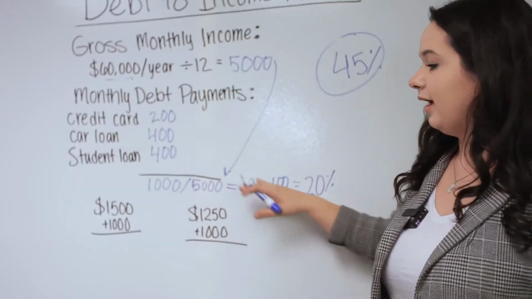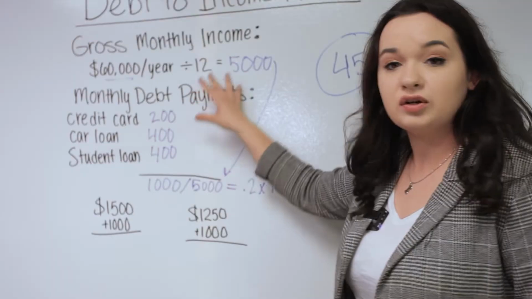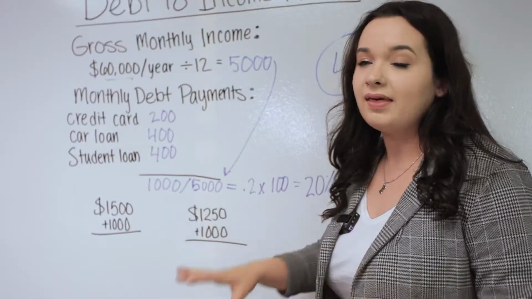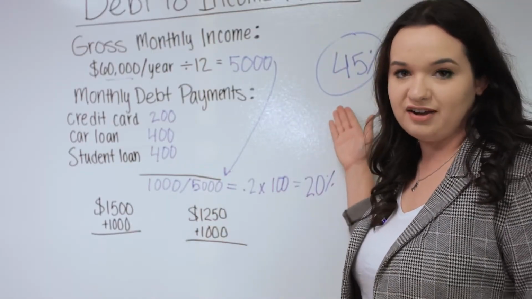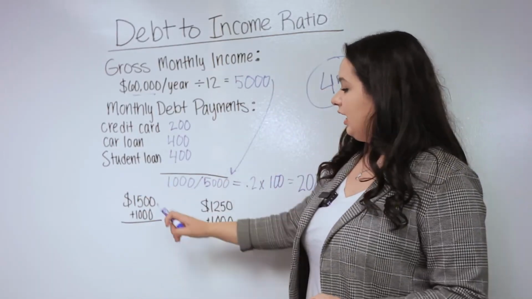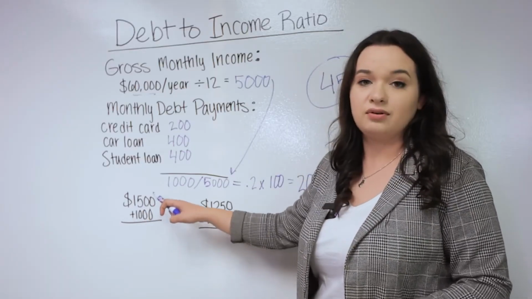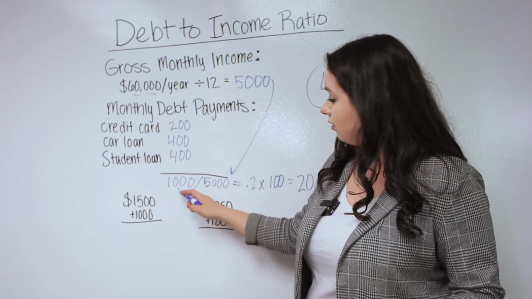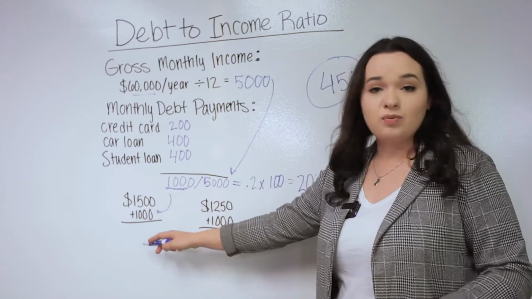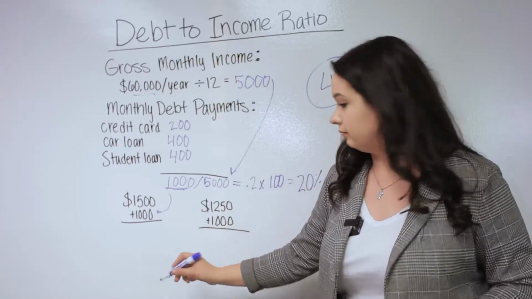Let's factor in how having a house payment with these current monthly debt payments would affect this percentage, knowing that we need to stay under the 45%. So I went ahead and drew up some numbers here. If I am thinking about having a house payment that is $1,500 a month, and I know that I already have this $1,000 that I'm dropping down, that would give me monthly debt payments of $2,500.